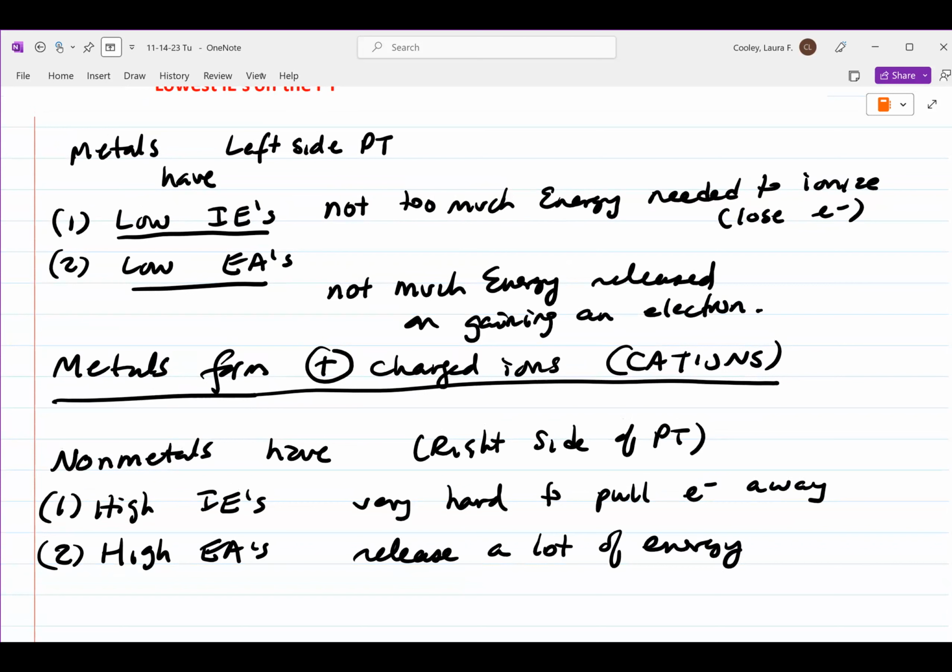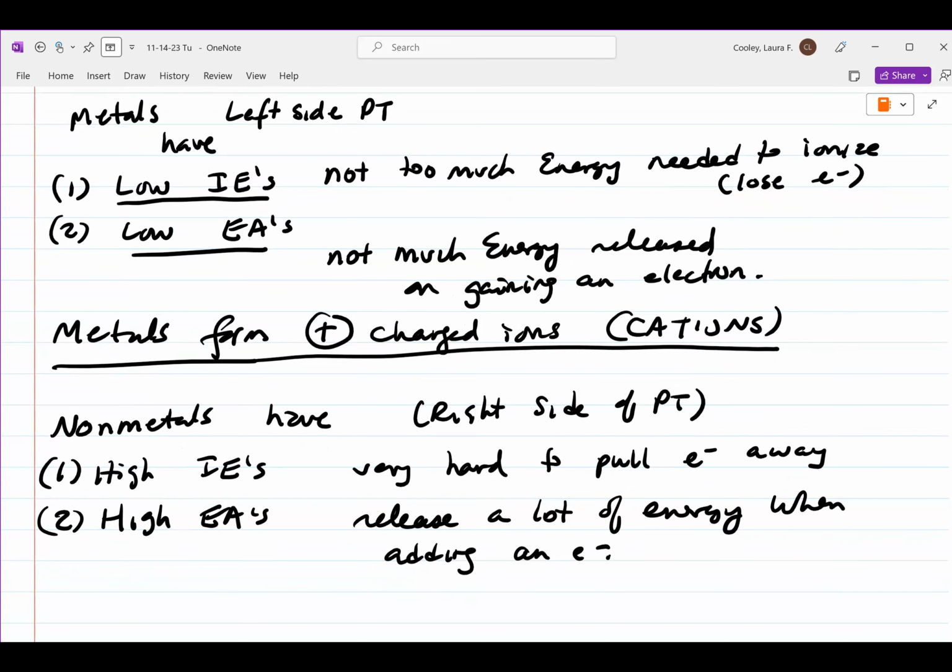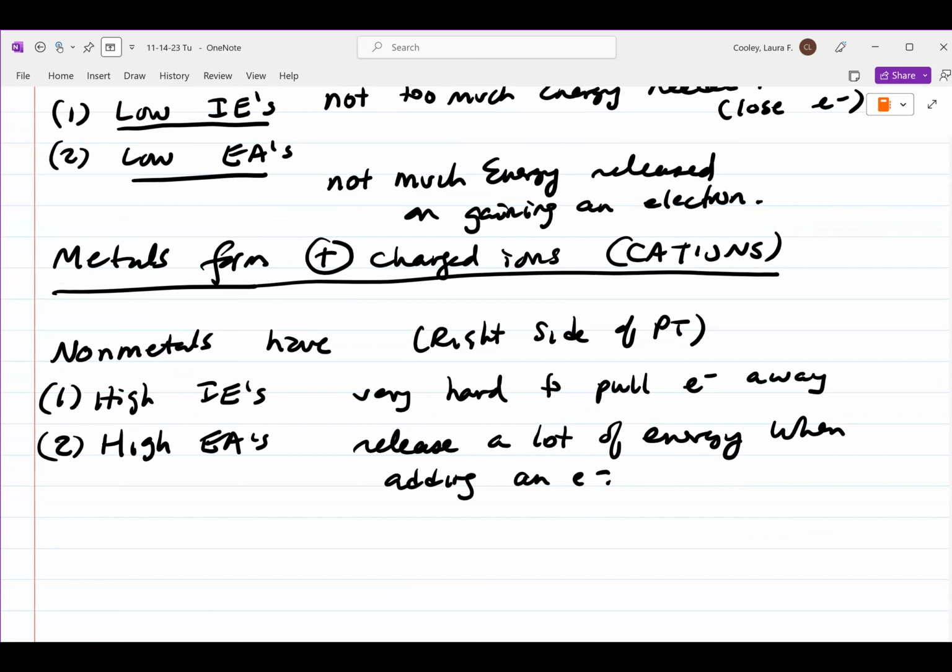They get a lot more stable when adding an electron. And this makes a lot of sense, right? Because nonmetals can also be involved in covalently bonded molecular compounds, but when they do form ions, what type of ions do they form?